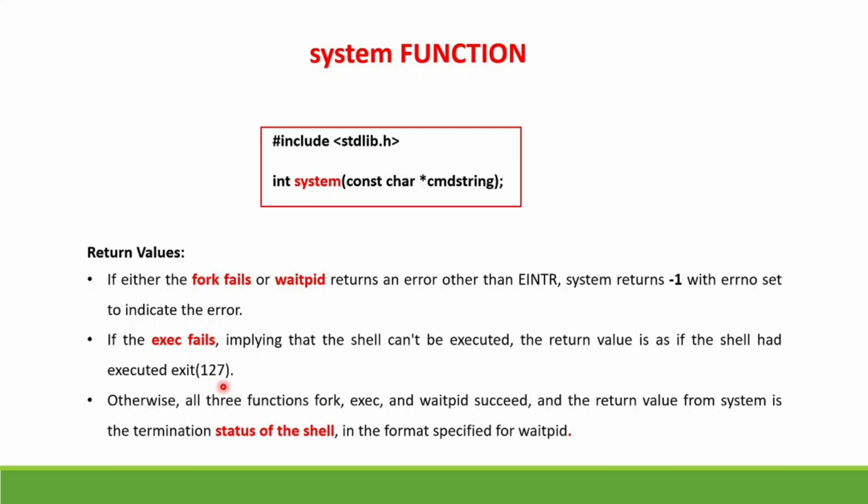And lastly, if all three functions fork, exec and waitpid succeed, then the return value from system is the termination status of the shell. This will be nothing but the exit status of the shell after executing the commands. So this is the case when all three system calls succeed.